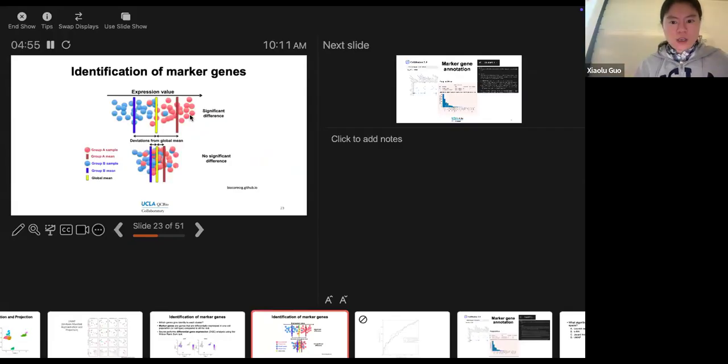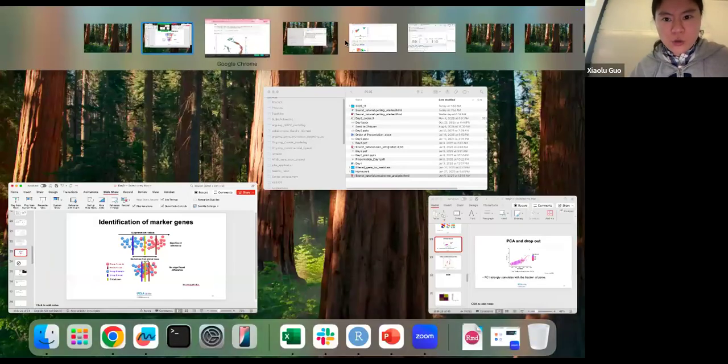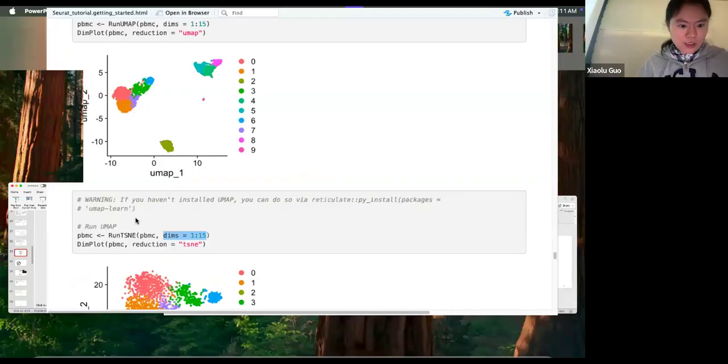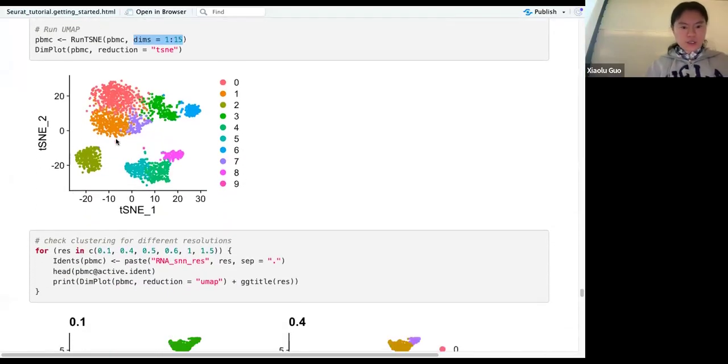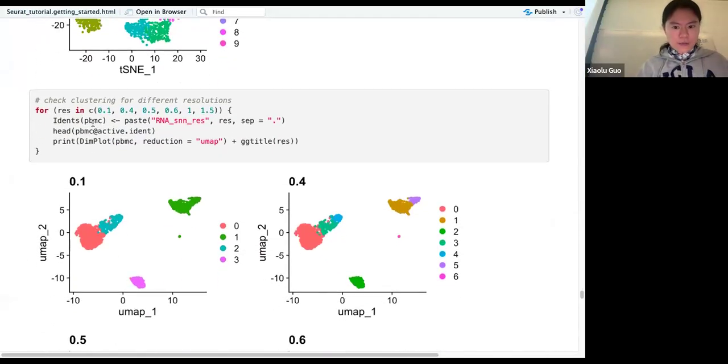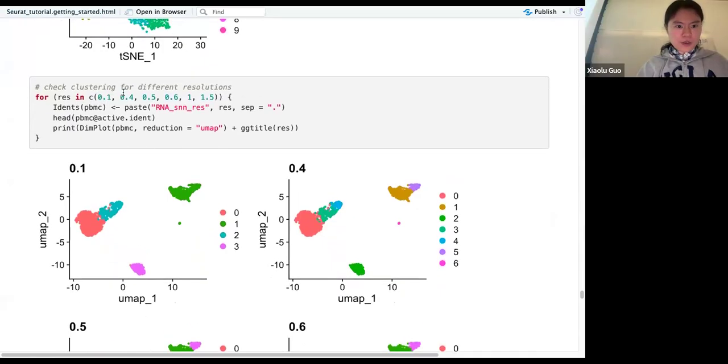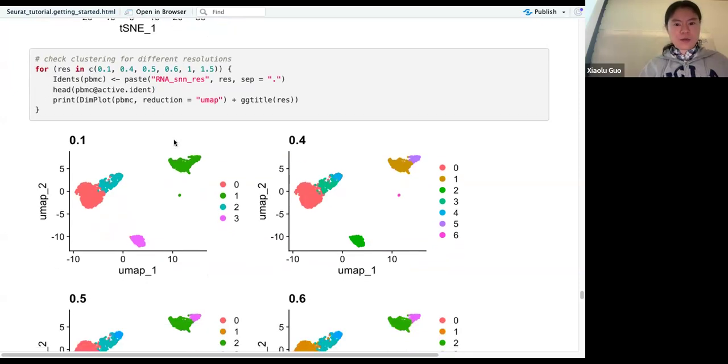Let's go back to the code. Here is the visualization we just discussed. We can visualize the clustering results at different resolutions using UMAP.